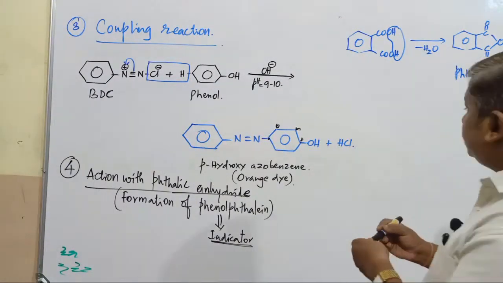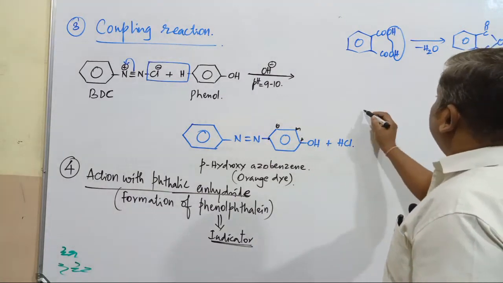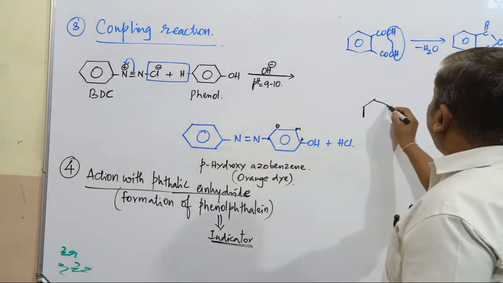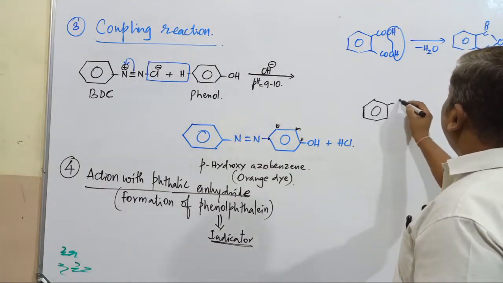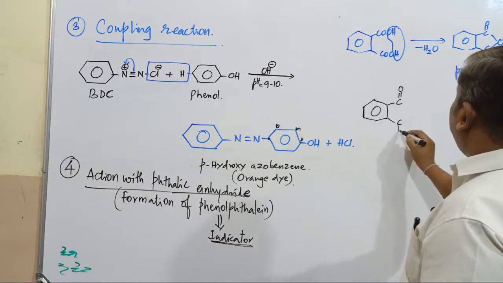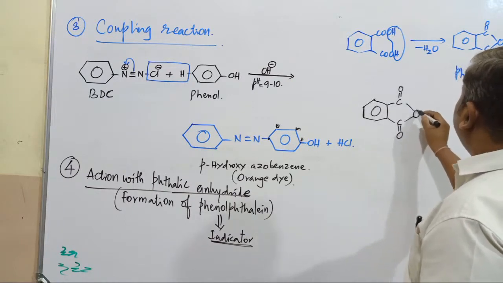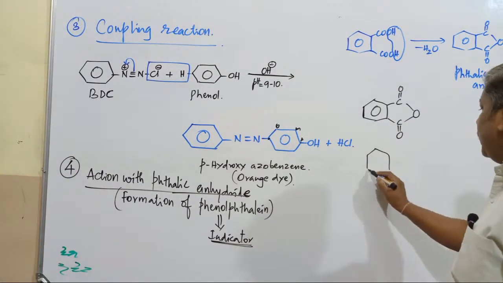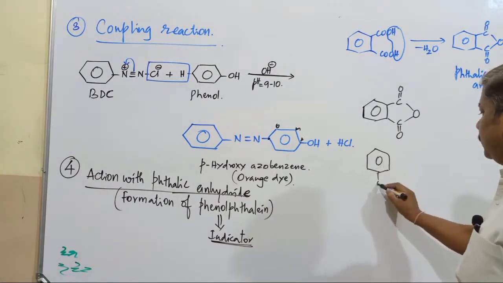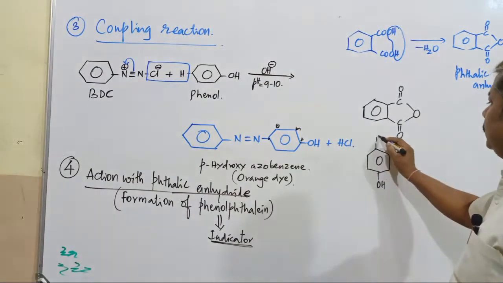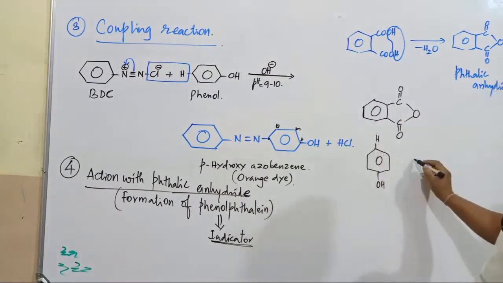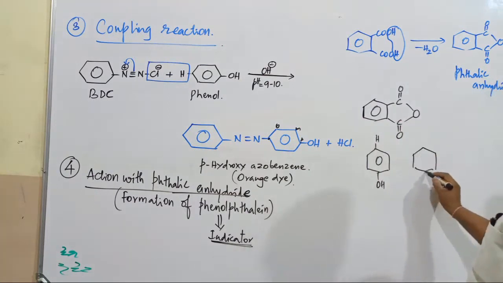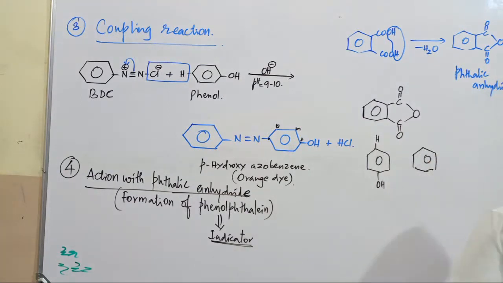Now the reaction takes place here. This is the compound phthalic anhydride. Observe carefully. This is C double bond O, and this is oxygen. When this phthalic anhydride reacts with phenol, this is phenol with OH, and here one hydrogen atom is there, and one more phenol molecule is taken.